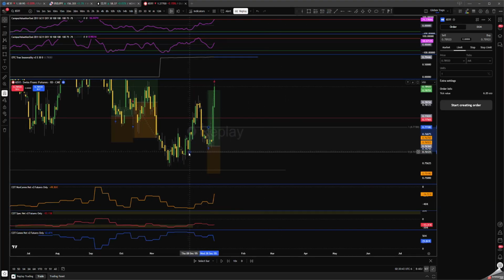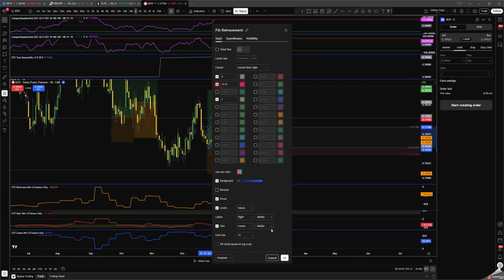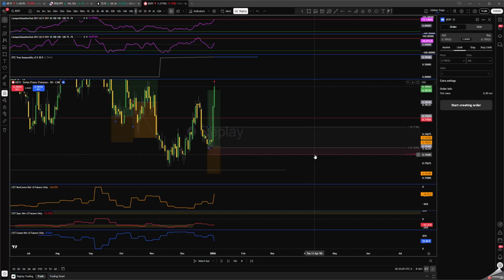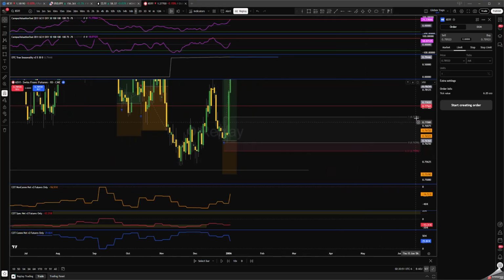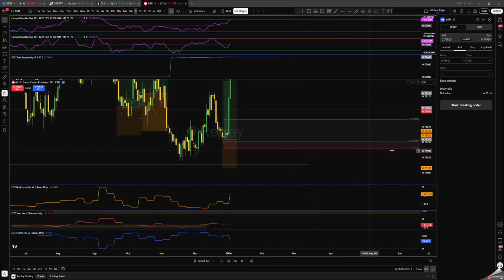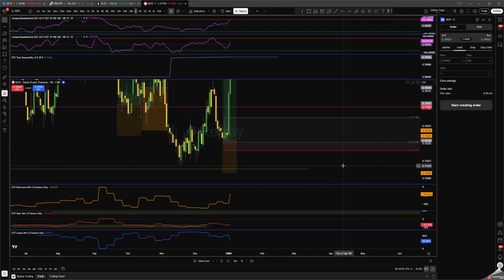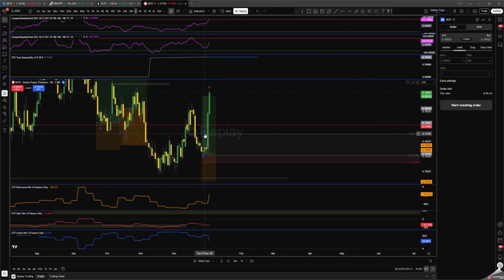Something like that. Maybe I will try to take the wider version. This is all discretionary at this point, like taking the wider version or taking the preferred version. Preferred version of any demand or supply zone is from the highest body of the indecisive candle, which is over here actually.